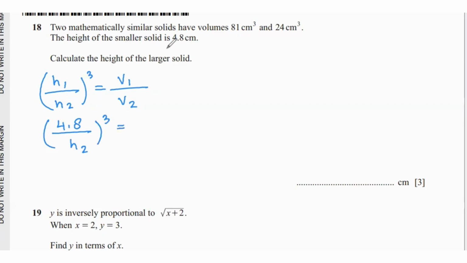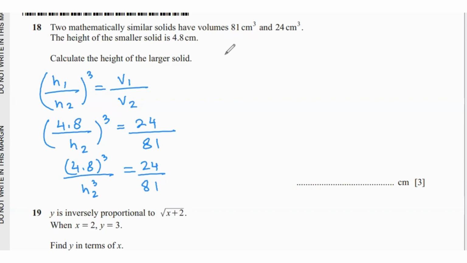So that makes V1 24, because that is smaller in measurement, and 81 is V2. So we cube this: 4.8 cubed over H2 cubed equals 24 over 81.